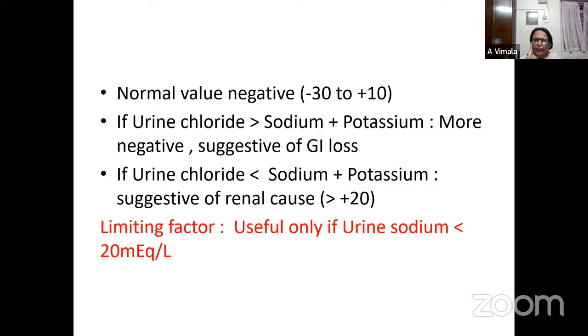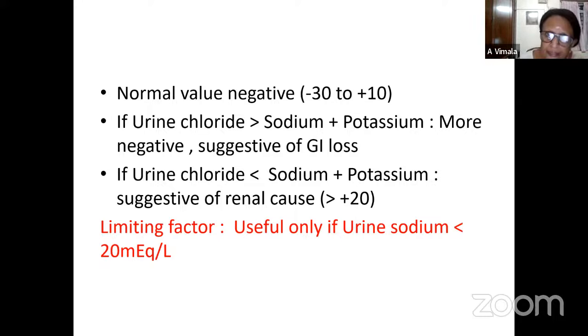If urine chloride is more than sodium plus potassium, more negative, it suggests diarrhea or other gastrointestinal cause, ileostomy, as the cause of normal anion gap acidosis. If sodium and potassium is more than chloride, it is suggestive of renal cause. But when you interpret the urine anion gap, you should be careful because the urine sodium should be less than 20 for this equation to be applied.